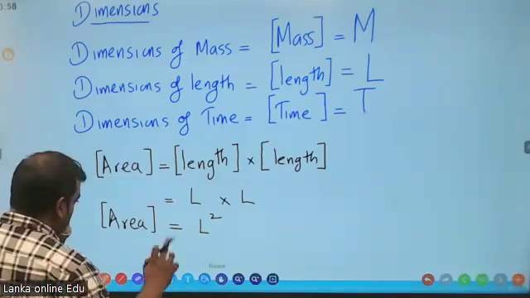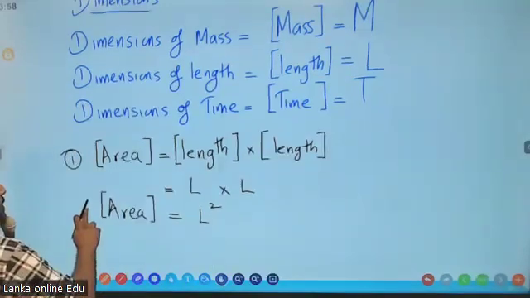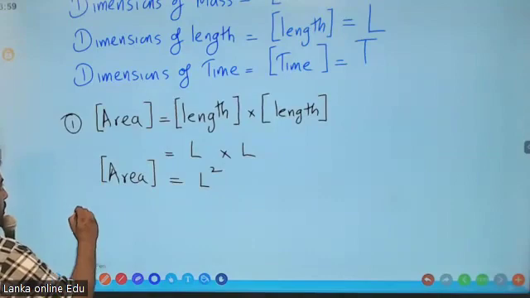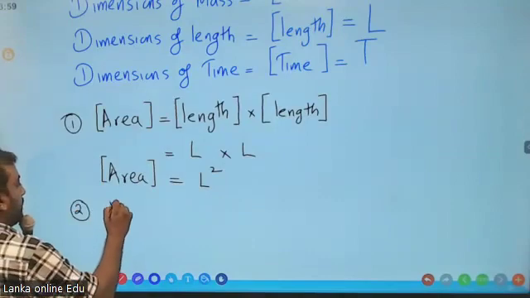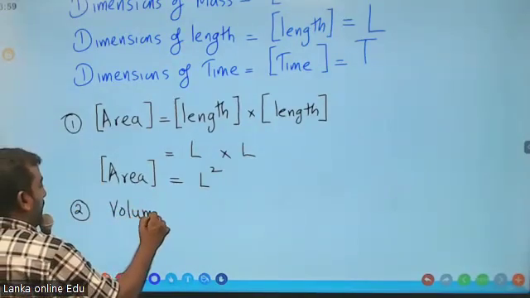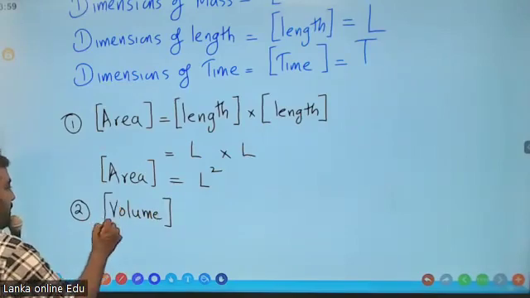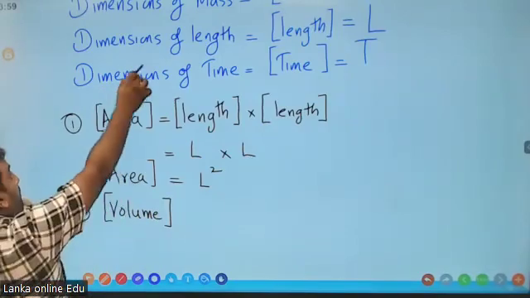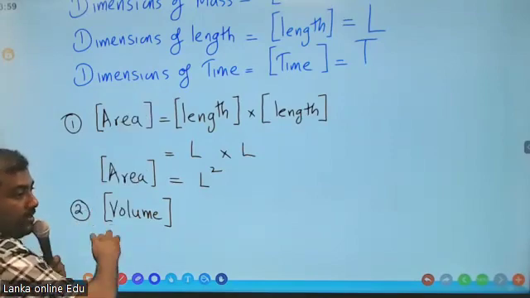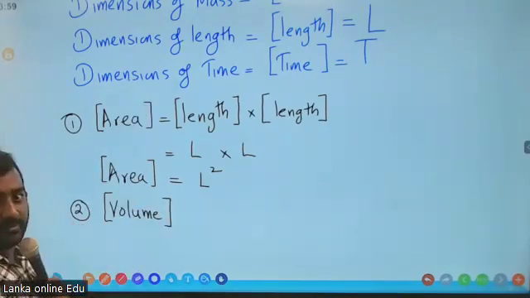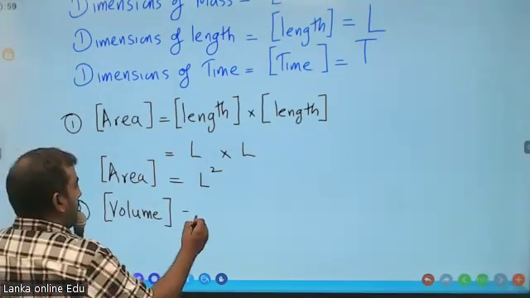So you should know the equations. Turn back and look nicely and write it. Next one, look. Volume. Volume square bracket means dimension of volume. No need to write all this all the time, I just showed it to you. Now, what is volume?